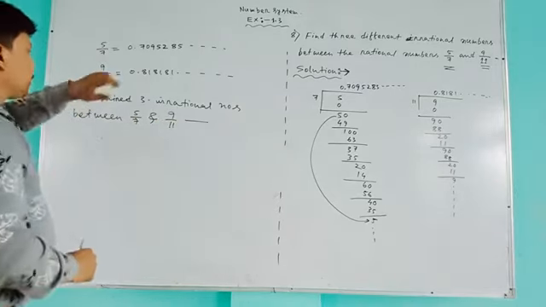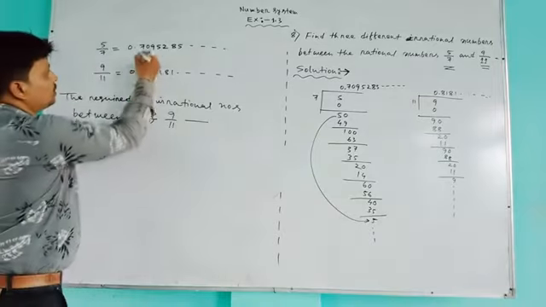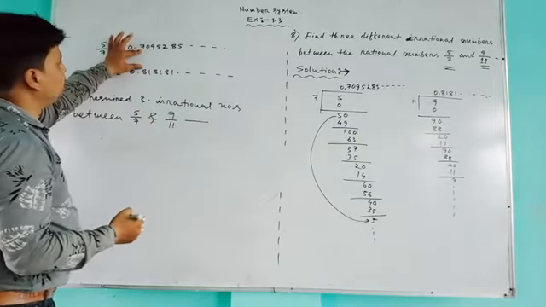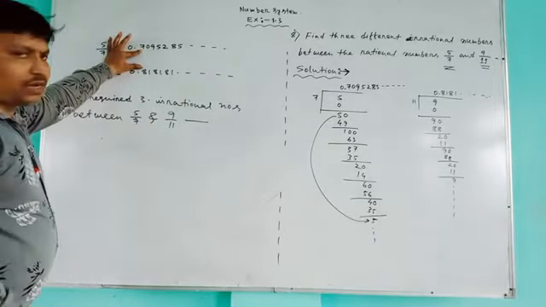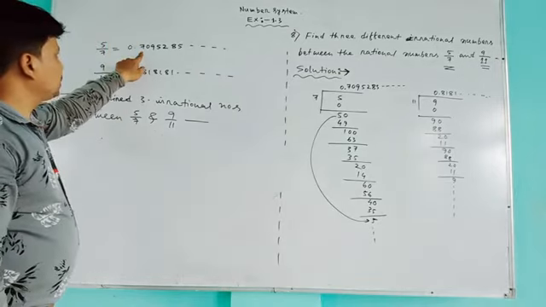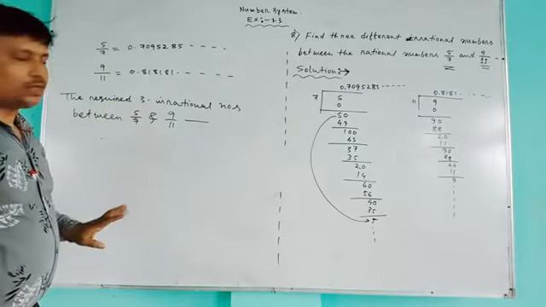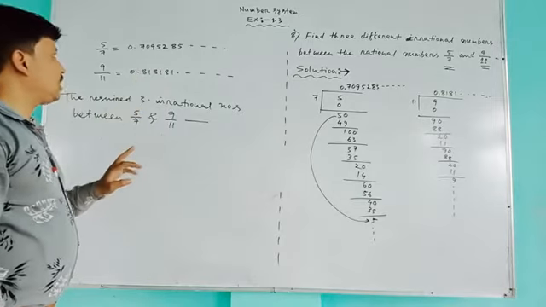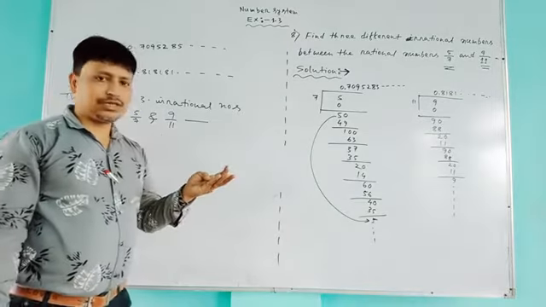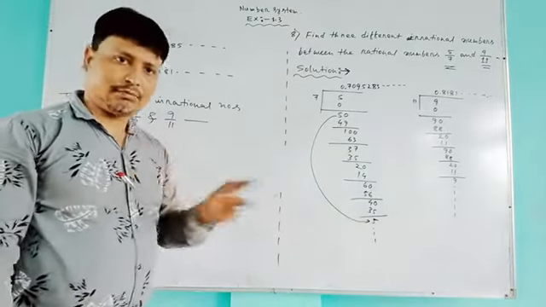Between 7 and 8 no number is there, so we can consider 70 and 81. Between 70 and 81 there will be 71, 72, 73, 74, like that, many are there.